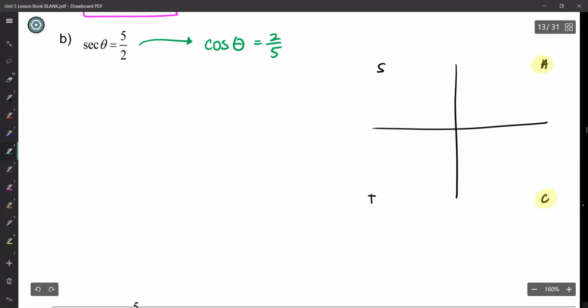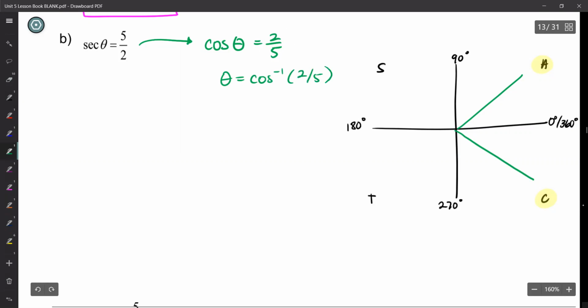Okay, so Ben placed his angles in quadrants 1 and 4, the A and C quadrants, because we're looking for where cosine is going to give us a positive answer. So cosine will give positive answers in all and cosine. Okay, continue, Ben. Then I did cos inverse of 2/5 to get the first angle, the one that was pointing upwards.